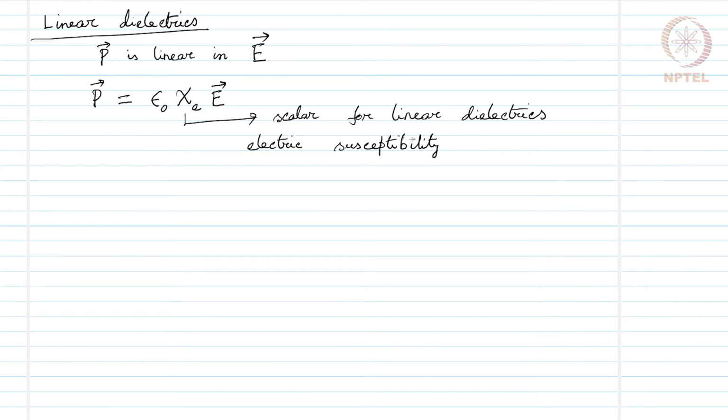And we have defined the displacement vector as epsilon naught times the electric field plus the polarization vector.